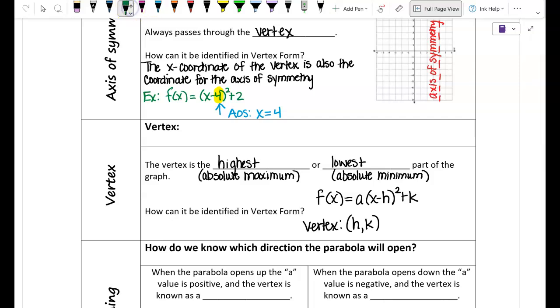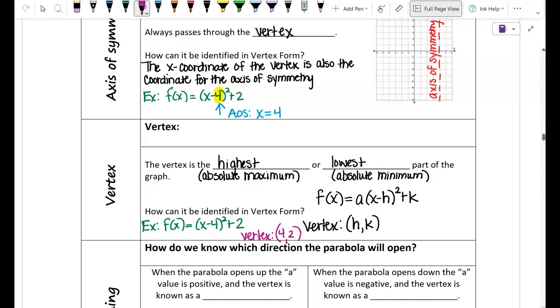So if we go back to that same example from the previous problem, f of x equals the quantity x minus 4 squared plus 2, the vertex would be the ordered pair 4, comma, 2.